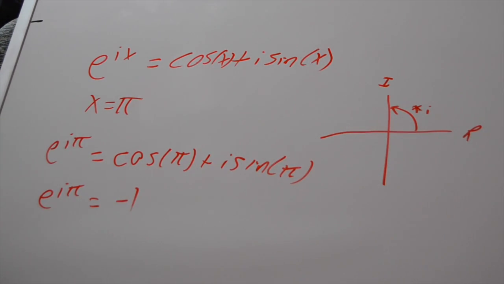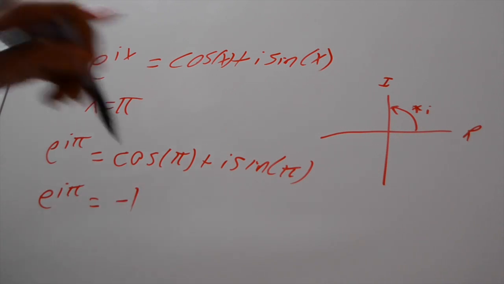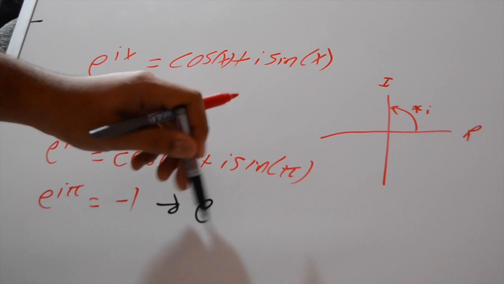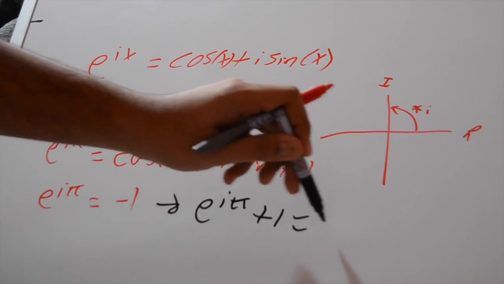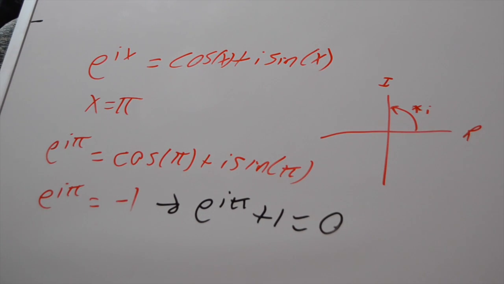And that is where the beauty lies in this identity. We can further simplify this, though there is almost nothing else to simplify: e to the i pi plus 1 is equal to 0. And that is Euler's identity.